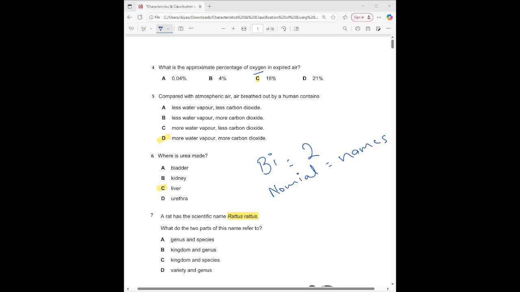The first word, Rattus, shows the genus, the group of closely related species. The second word shows the species, the specific organism within that genus. So our answer is that the genus is the Rattus with the capital R, and the species is the rattus with the smaller r.